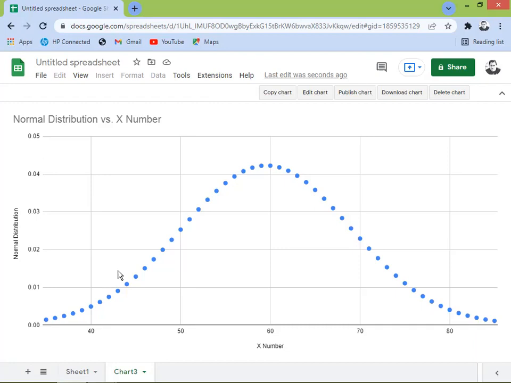The total for that, the two 34.134% plus the two 13.591%, is 95.45%. And 3 sigma is only very minimal, 2.14% on the right side and 2.14% on the left side, and the total for that would be 99.73%.